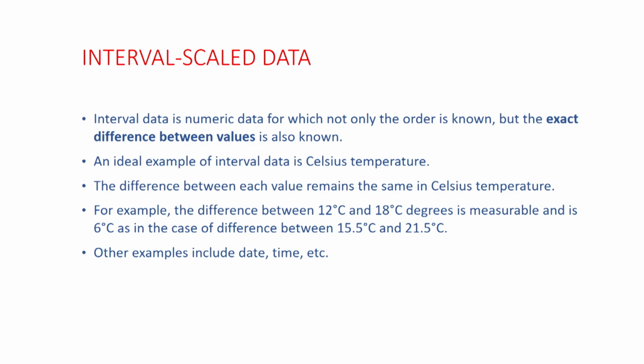Like if we talk about Celsius temperature, the difference between 12 degrees Celsius and 18 degrees Celsius is 6. The same difference holds between 15.5 degrees Celsius and 21.5 degrees Celsius. So, the difference between two values is very much defined. Other examples of interval scale data are date, time and so on.